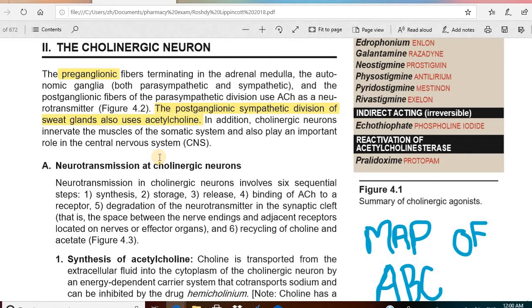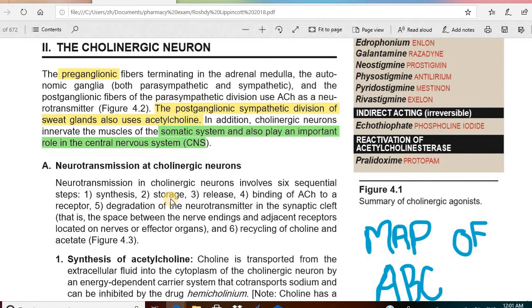In addition, cholinergic neurons innervate the muscles of the somatic system and also play an important role in the central nervous system. और अब कोलिनर्जिक सोमैटिक सिस्टम में भी कोलिनर्जिक न्यूरॉन्स इन्वॉल्व होते हैं. तो दिस इज द other point. So in this simple small paragraph there is a three major multiple choice question that the preganglionic fibers of parasympathetic and sympathetic division both release acetylcholine.